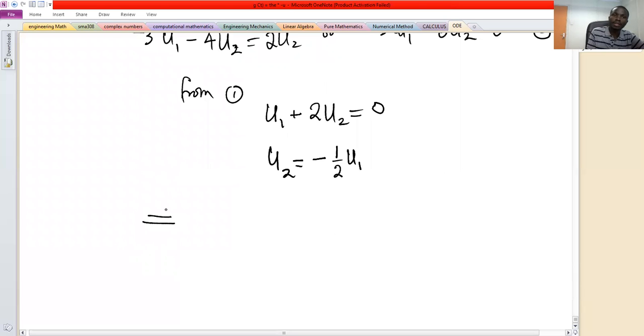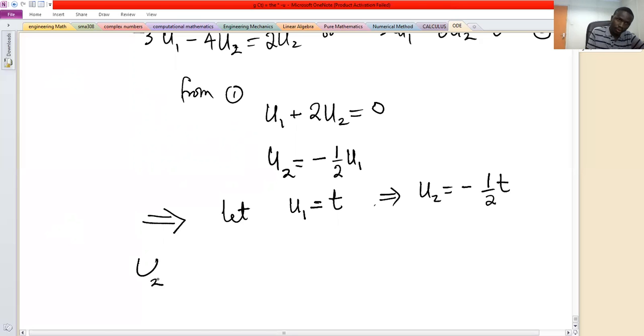So which means that if we let U1 to be, say, T, then U2 will be negative a half T. So the vector U2, which is given by U1, U2, will be T and then negative a half T.